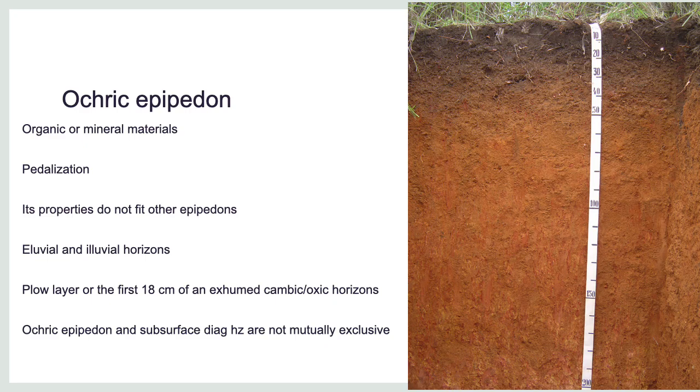So it could be formed by any kind of process, like alluvial or illuvial horizons that produce clay migration. It could be related to any kind of mixture of material by humans, like plowed layers, or the first 18 centimeters of an exhumed cambic or oxic horizon. We haven't seen these horizons yet. I will talk about this in the next classes, but when we have a cambic or an oxic horizon and they are at the surface, the first 18 centimeters I can call an ochric pattern.